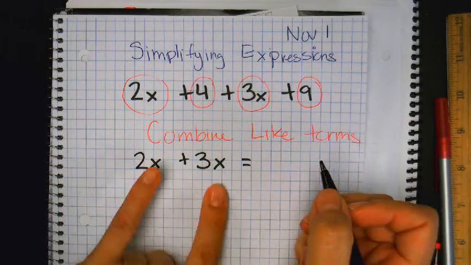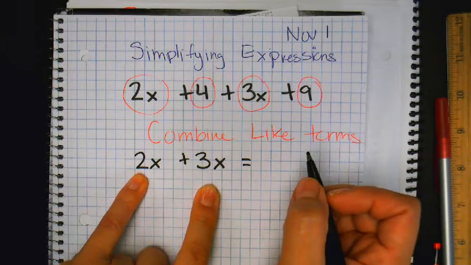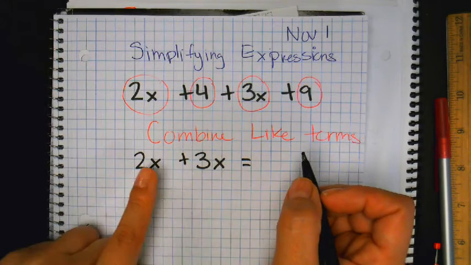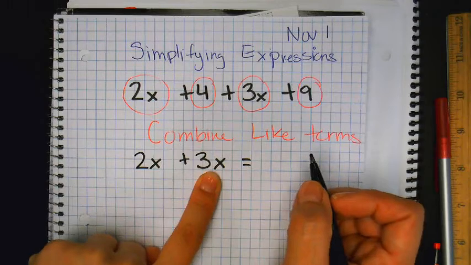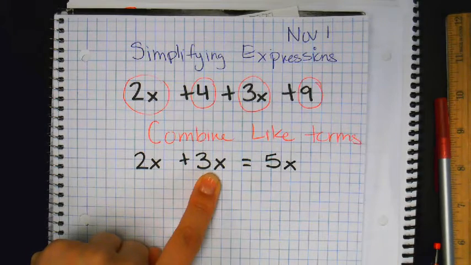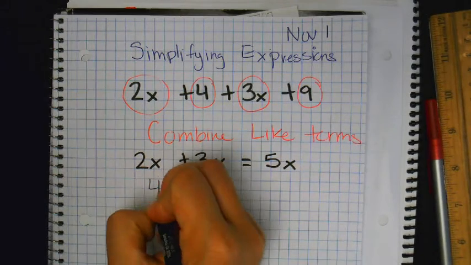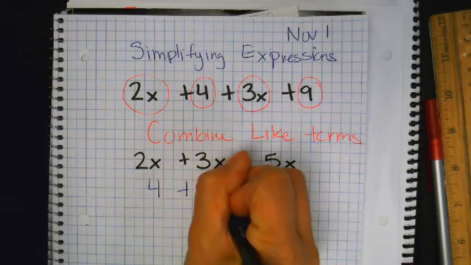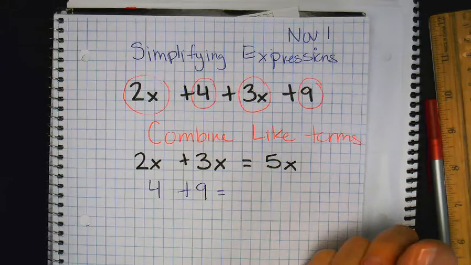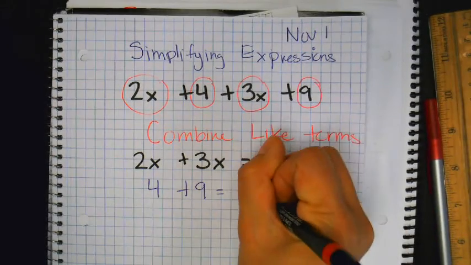So here I have a 2x and a 3x. They both have x's, so we're going to put them together. 2x plus 3x is equal to 5x. And then the numbers that don't have any variables, like the 4 and the 9, go together separately. 4 plus 9? 13.